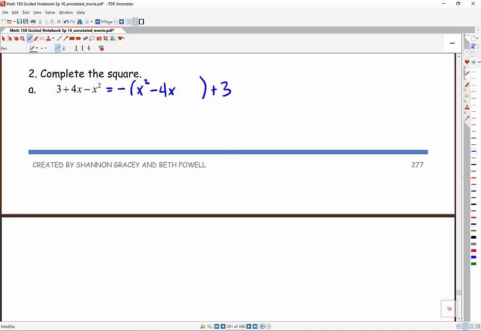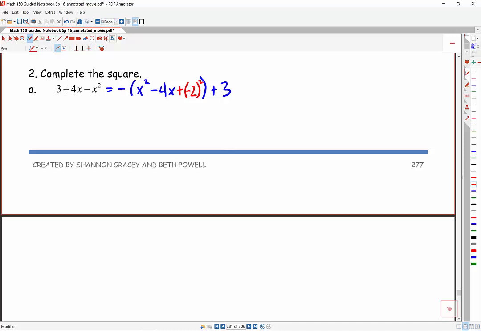Good. Now, effectively, what we need to do is we need to add 0 to this, all right? So if you recall, you're going to be adding half of the coefficient of the middle term, squared. Now, I know that that negative is going to go away, but trust me, if you write it like that, you know exactly what your binomial is going to be that's being squared.